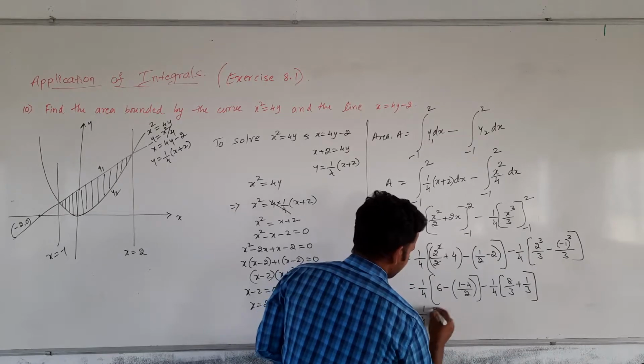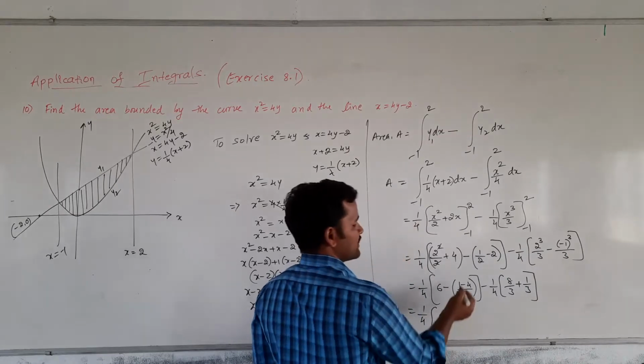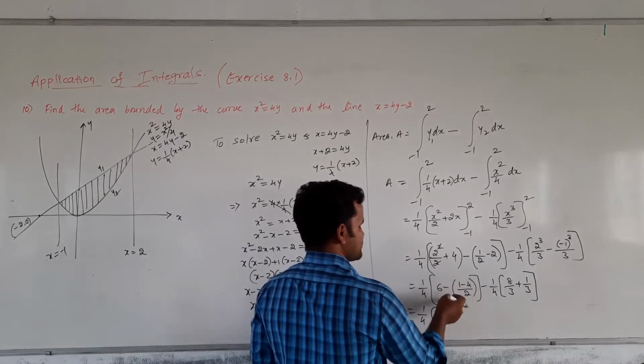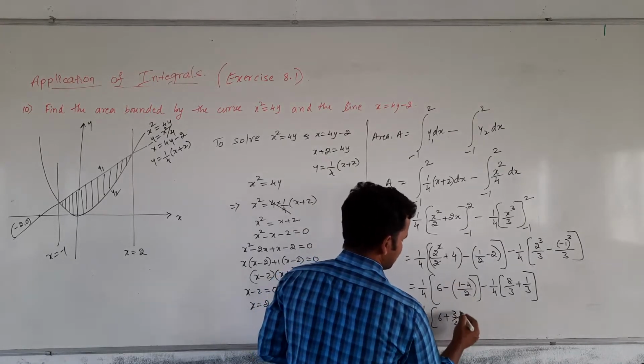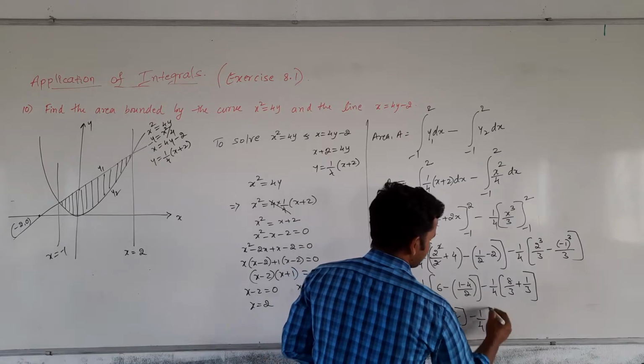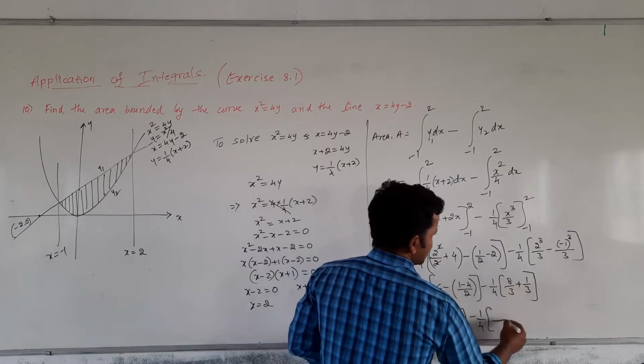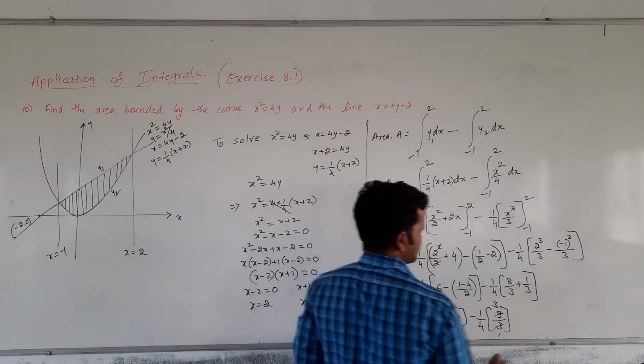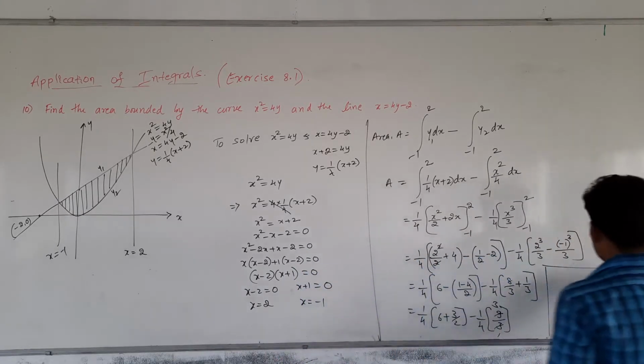This is 1 by 4 into 6 minus of 1 minus 4 is what? 1 minus 4 is minus 3. Minus a minus becomes plus 3 by 2. Minus 1 by 4 times 3 is LCM, 8 plus 1 is 9, 3 ones are 3, 3s are 9. I will write it here.